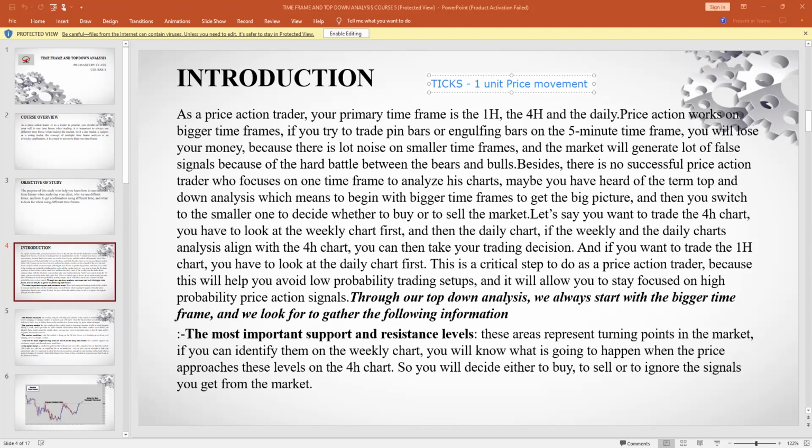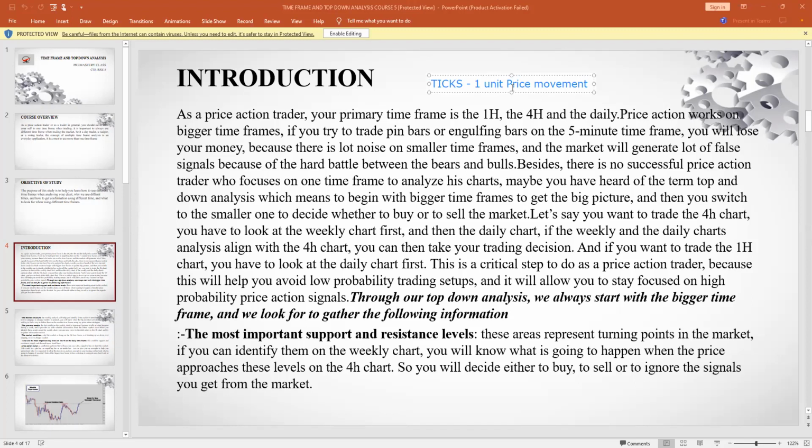So going forward, the same way, the basic unit of time is seconds, the basic unit of distance is about, I think, millimeters, the basic unit of price movement is ticks.